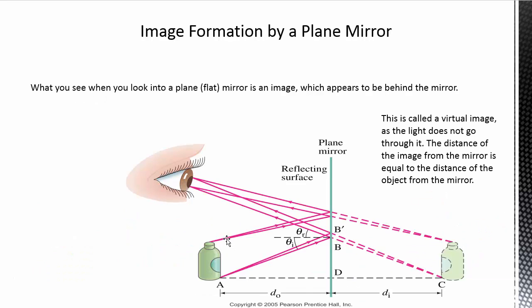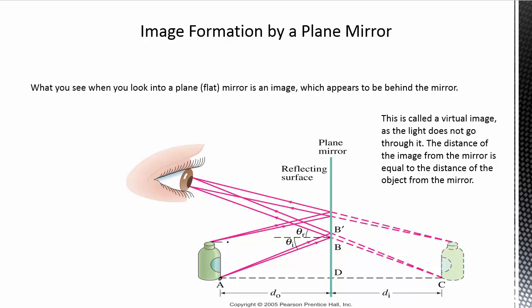So if I'm looking at an object, as I mentioned earlier with that pencil, light is coming from all points of the object, but let's just focus on a point on the top of this bottle and a point on the bottom, otherwise our drawing gets a little too crazy. So as I mentioned, light is going out in all directions, so if we pick out these two rays, the reason why we pick these two is these are the two that are going to make it into our pupil.